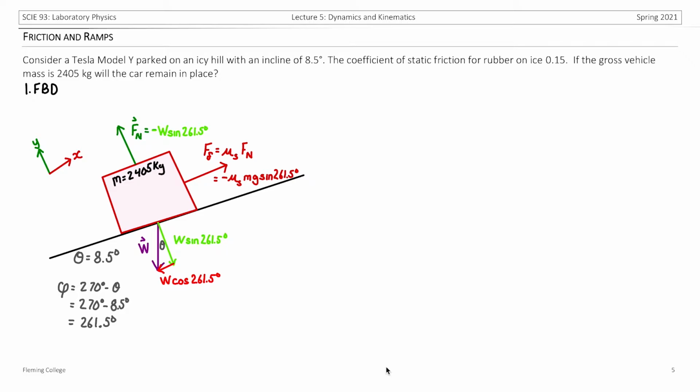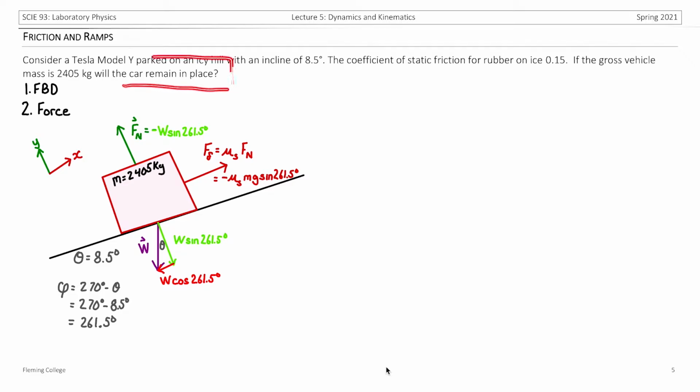We have no other forces acting on our object, so this is the end of the free body diagram phase. Our second phase is to consider all of the force equations. Remember, a large portion of understanding physics problems is being able to understand what question we're being asked.